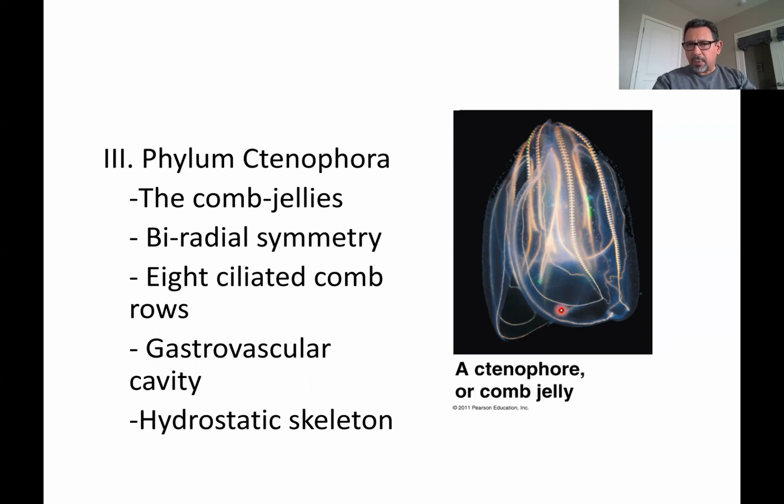These are an important part of the plankton of the oceans that other animals are feeding on. They are predators themselves. They actually can discharge sticky tentacles for capturing prey. They also have a gastrovascular cavity. They have two main tissue layers and a hydrostatic skeleton, like the one we just previously described in the phylum Cnidaria.